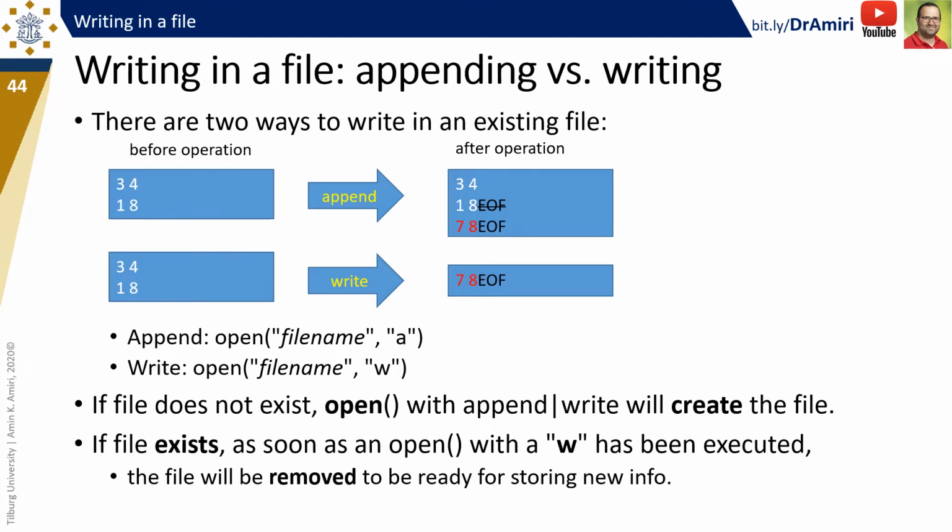However, if the file exists, as soon as Python executes the open command with W as the second argument, the content of the file is going to be removed and it's ready to store the new content.